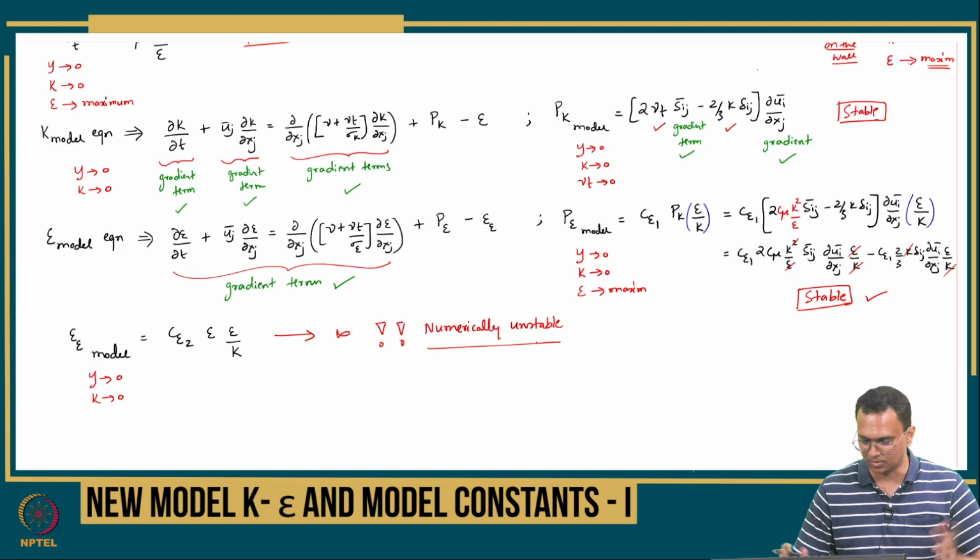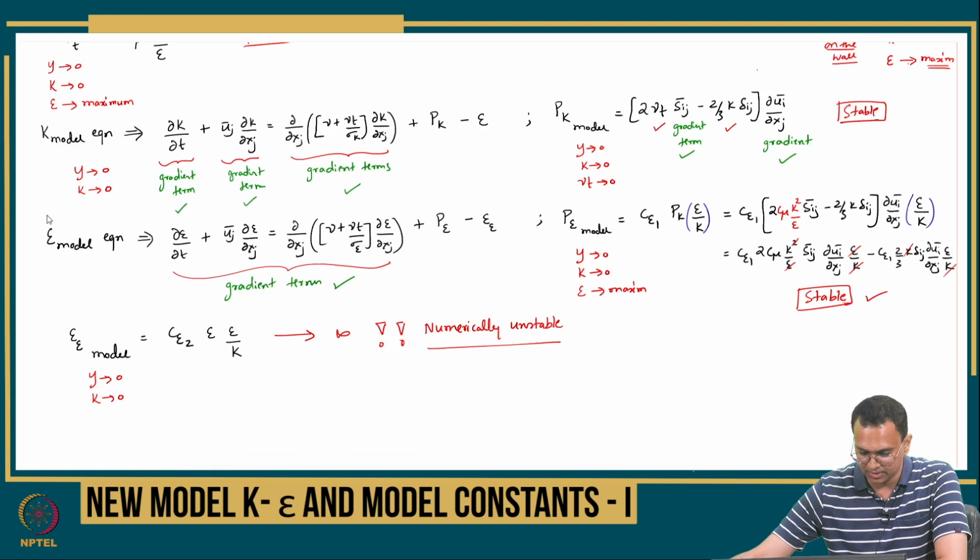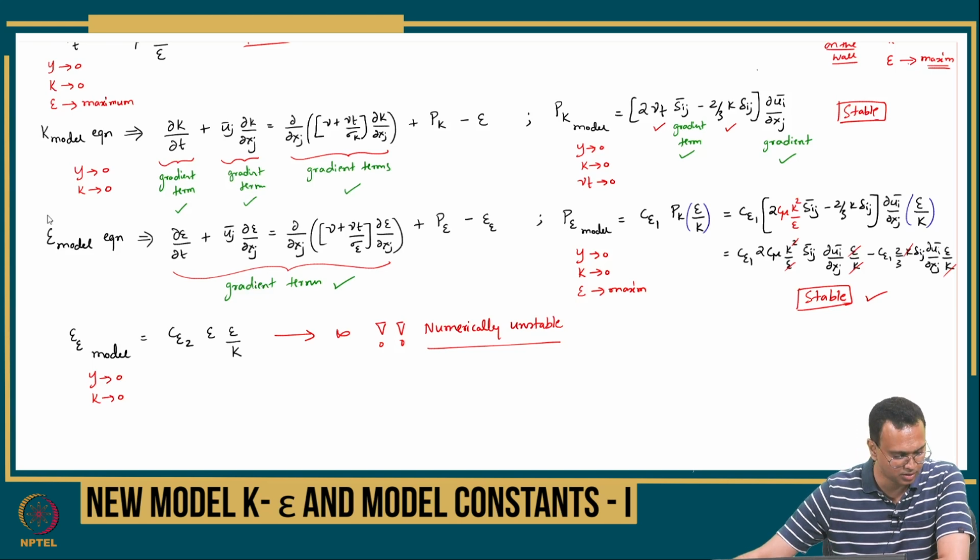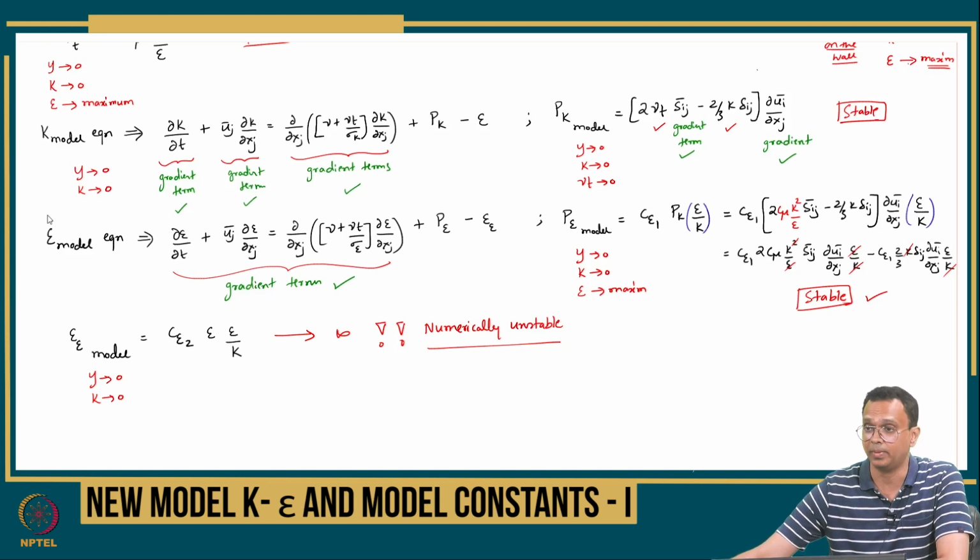Okay, so now one way of having a solution for this is what is called the K omega model. Okay, this is clear so far. You understand that this sink term in the epsilon model blows up as y goes to 0.